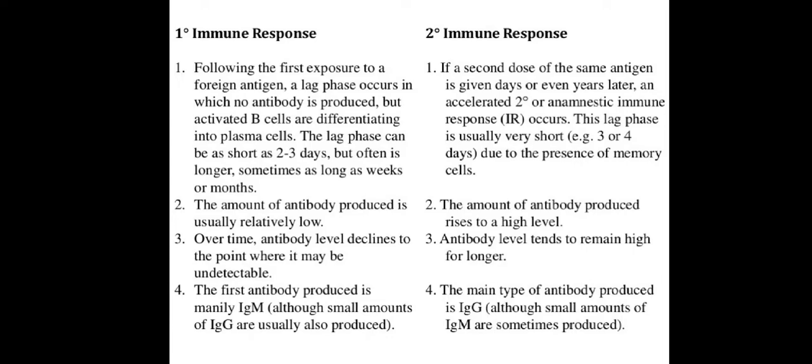This secondary immune response is responsible for tackling our common viral infections. Once we get chickenpox in our childhood, we have long-lasting immunity. This is the example for secondary immune response.